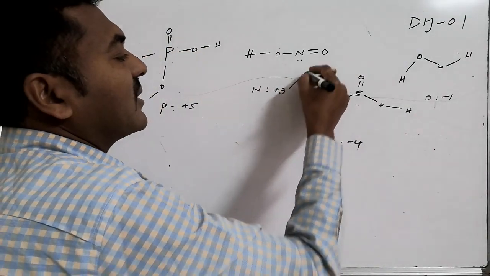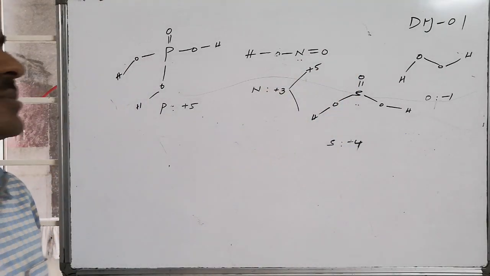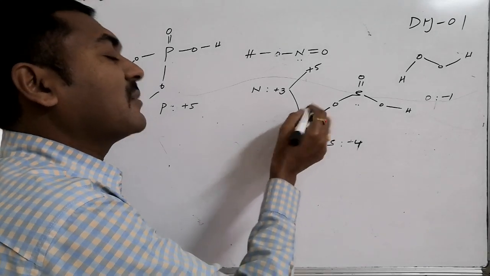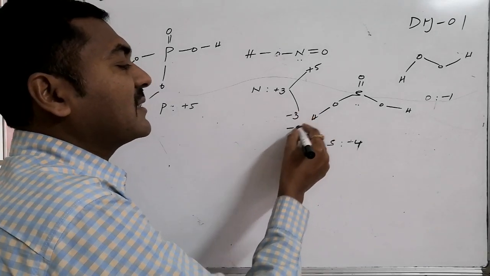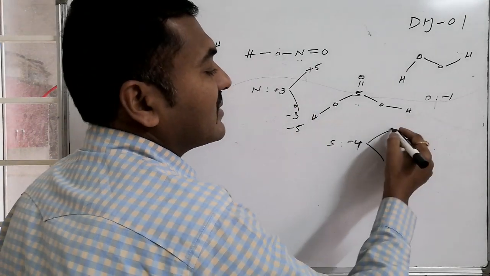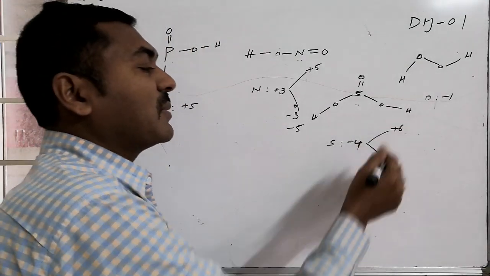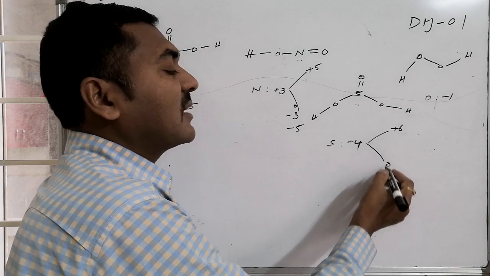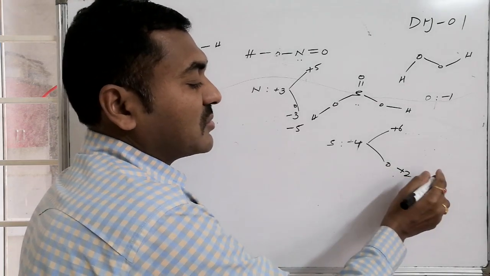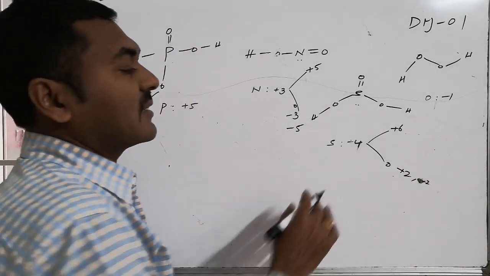Nitrogen can increase its oxidation number to +5, or decrease its oxidation number to negative values like -3, or 0; these chances are there. Sulfur can enhance its oxidation number, as its group number is 4, it can change to +6, and lower oxidation numbers like 0, +2, -2, -4 it can show sometimes.